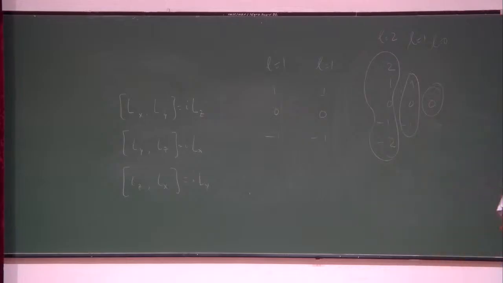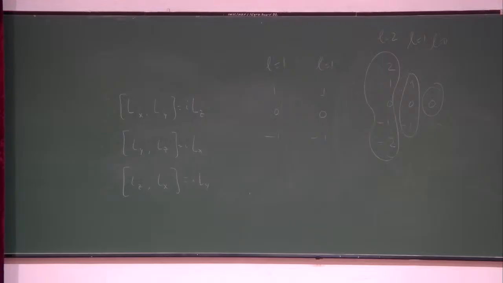So, when you have a composite of two spin 1 objects, you will have a spin 2 object, you will have a spin 1 object, you will have a spin 0 object. Okay, this is the thing.